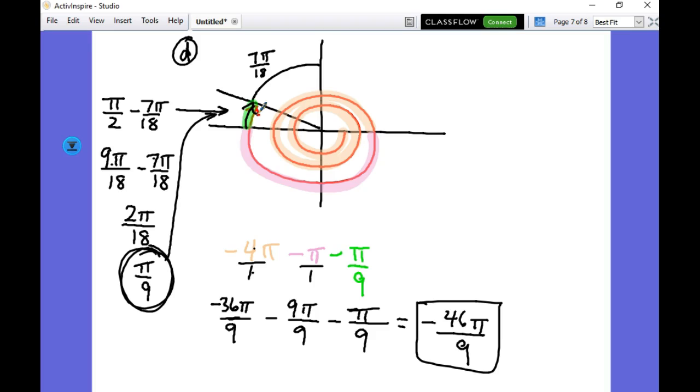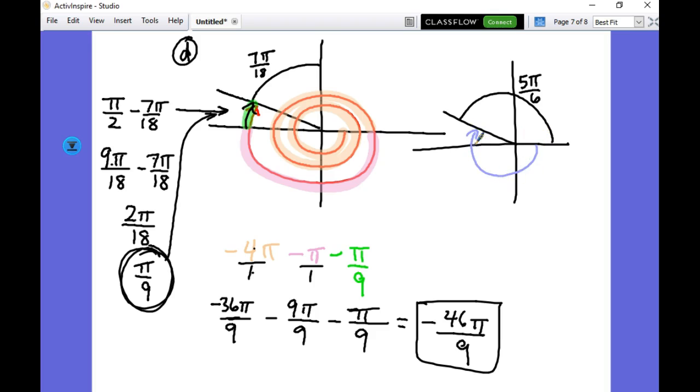Now, Jalen, you're saying, do we always subtract it from pi over 2? Well, I have seen problems where they'll do something like this. They'll tell you this, and then they'll say that that's something like 5 pi over 6, for instance, right? And they'll say, find this angle. Well, in this case, you know that's pi, and then you have to find this much, right?